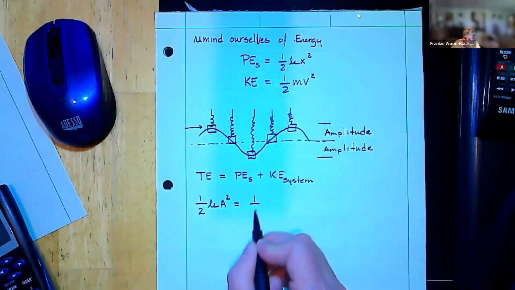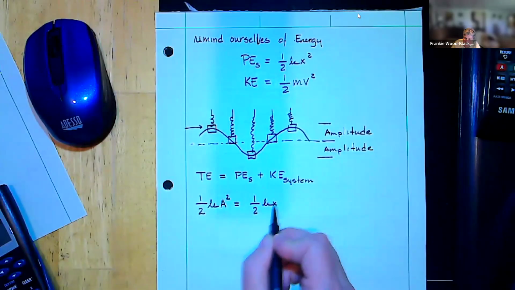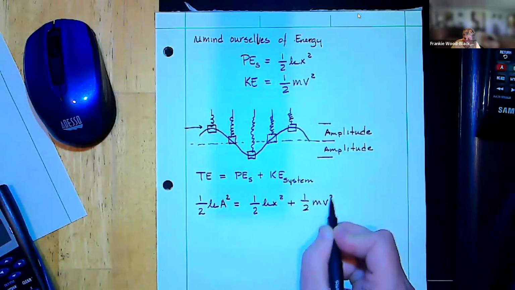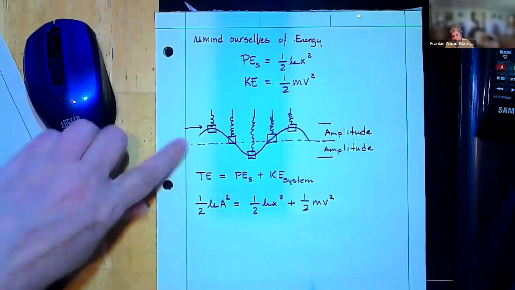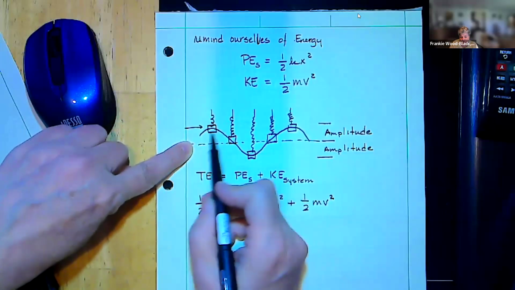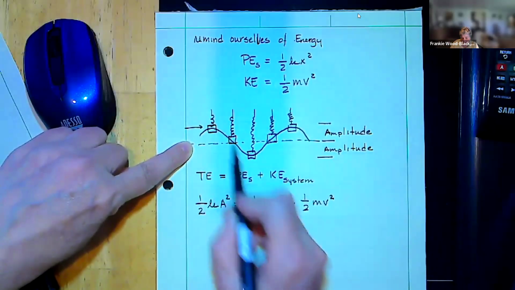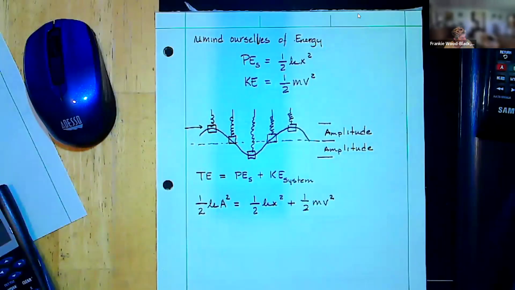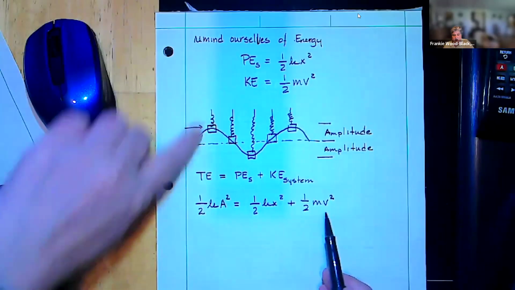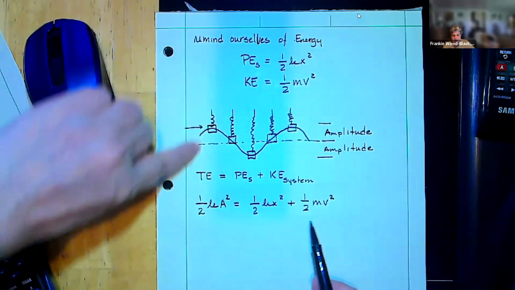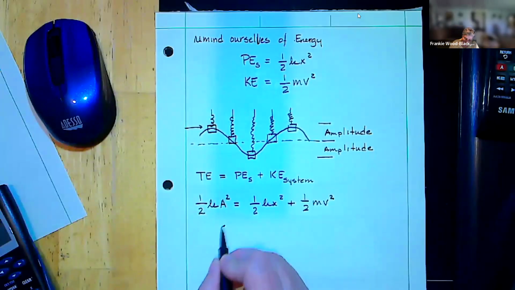Then I'm going to get my 1/2 kx squared plus my 1/2 mv squared. And now I have my energy equation for anything that's happening in that curve, which is going to be really slick because now we can talk about how fast this bounces up and down. We can solve for velocity. So let's solve for velocity.